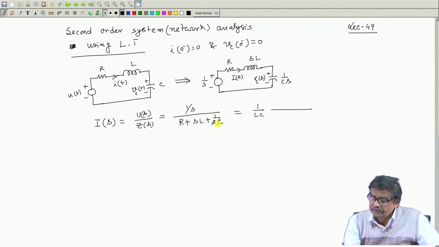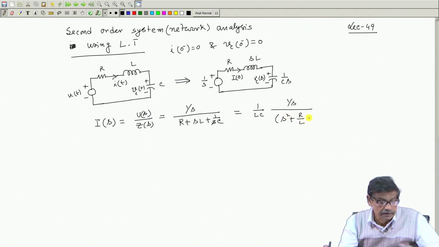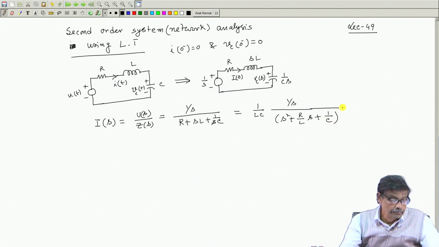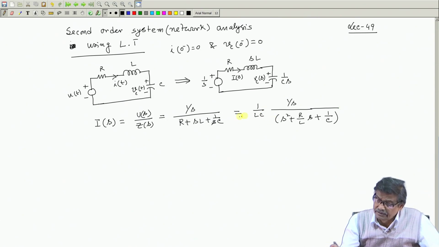If you take this C common and manipulate this, then it will be 1 over L on the top, and on the bottom it will be s square plus R by L into s plus 1 over LC. This is I(s), this is fine.